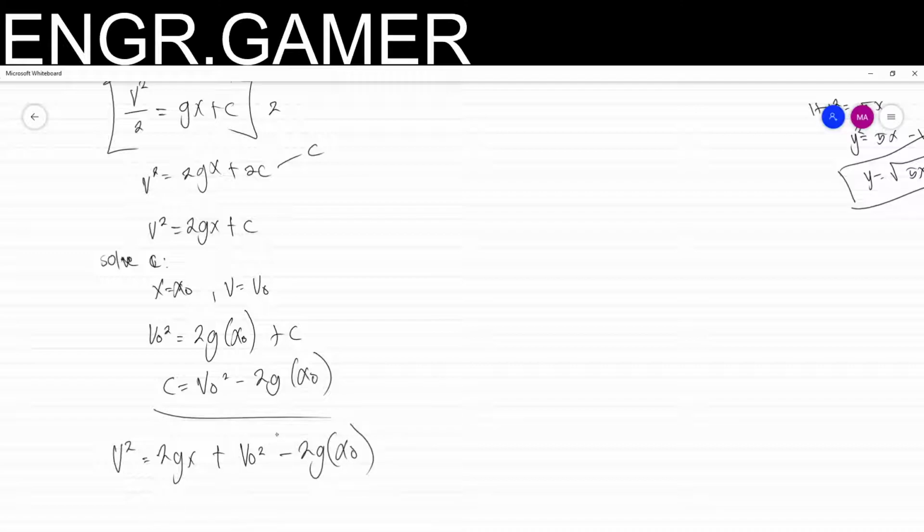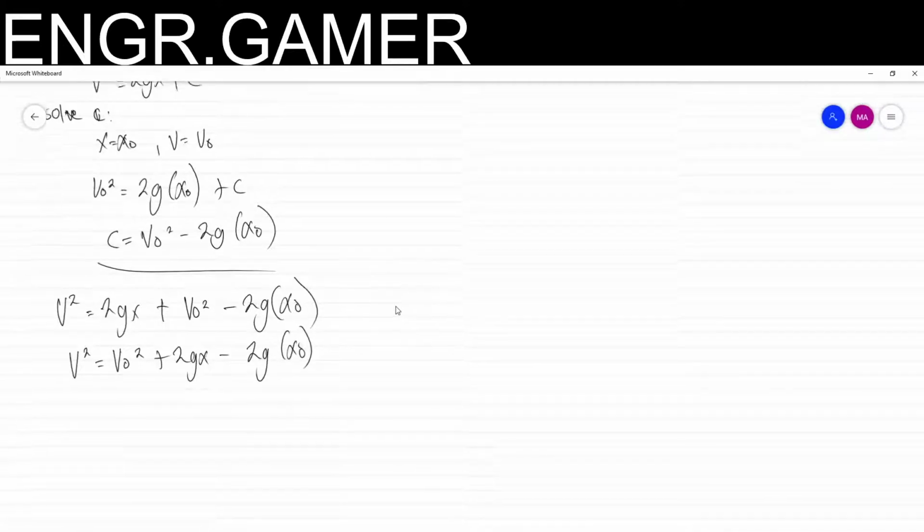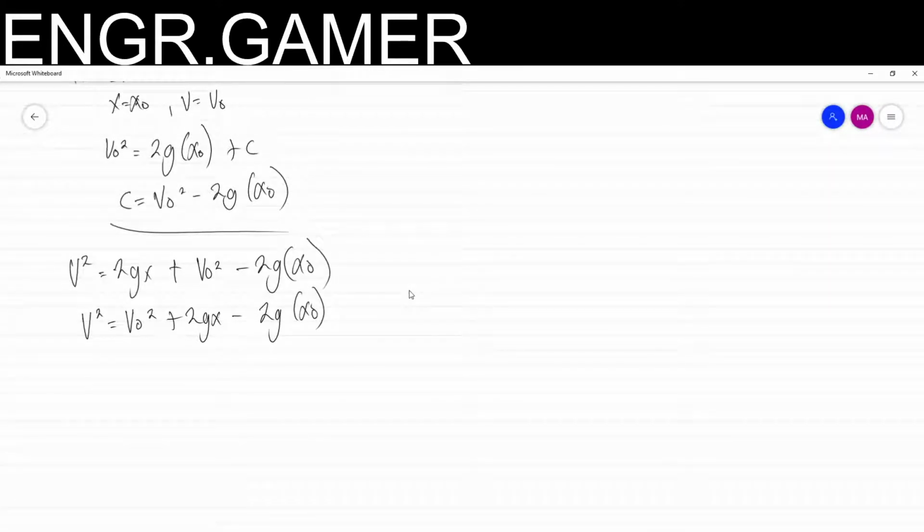Okay? So, i-rearrange natin para mas makita natin ang maayos yung equation or mas separate natin. v squared is equal to v sub o squared plus 2gx minus 2g x sub o. Okay? So, subtracting both sides by v sub o squared, we have v squared minus v sub o squared is equal to v sub o squared plus 2gx minus 2g x sub o minus v sub o squared.